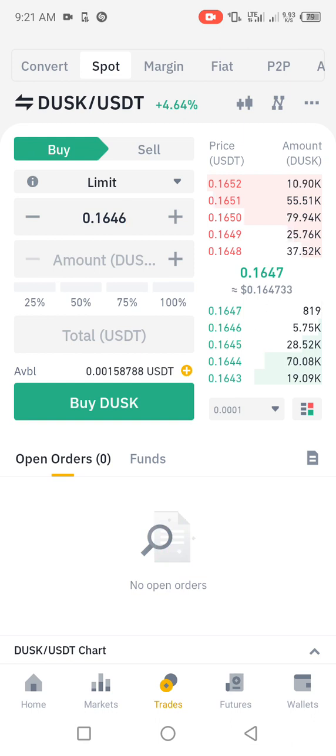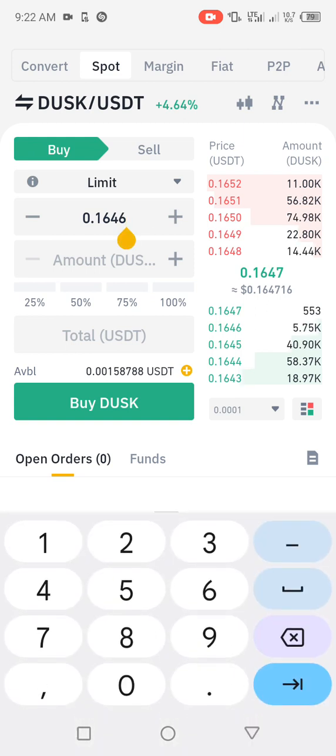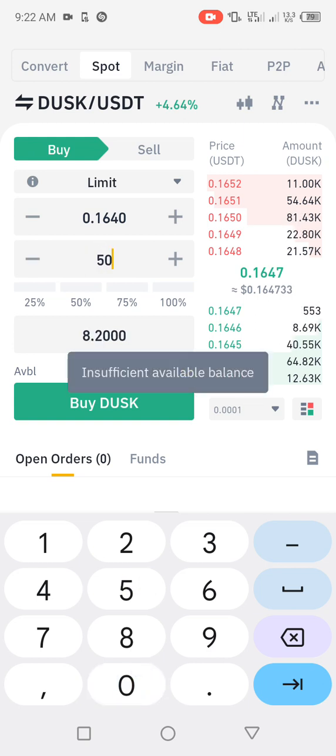Now the current price of these DOGS is 0.1647. Now say I still want it to come down to maybe 0.1640 before I purchase. Now I come to this limit order and I edit it. Once it's 40 and I select the amount of DOGS I want, maybe 50 DOGS, you see it's going to cost me $8.2.